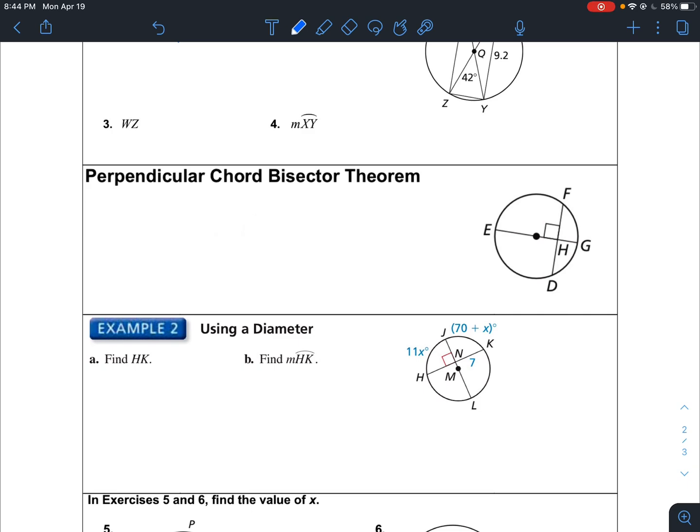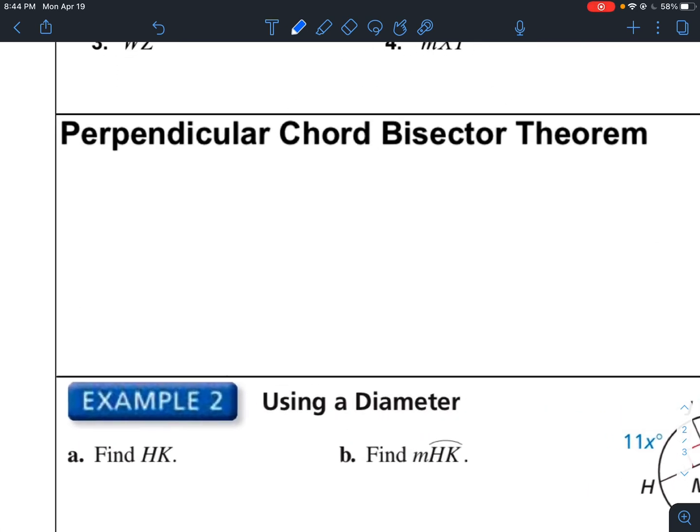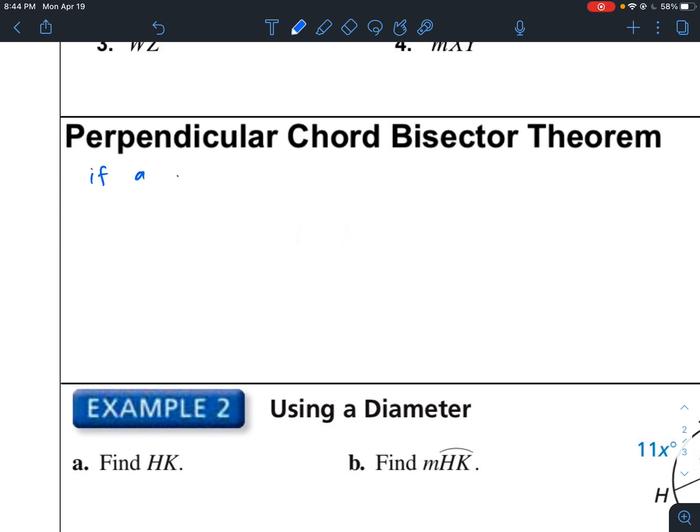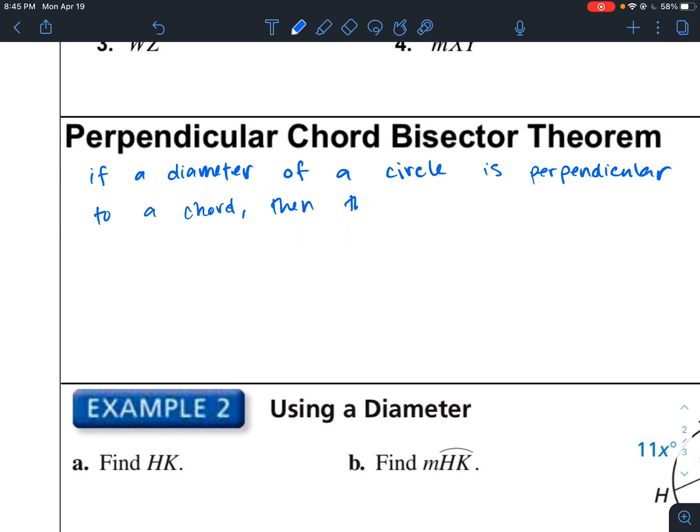So this one says, if a diameter of a circle is perpendicular to a chord, then the diameter bisects the chord and its arc.